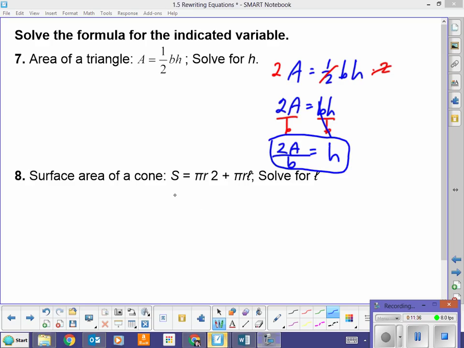Surface area of a cone. The surface area of a cone equals pi r squared plus pi r l. Let me make sure I did that one right. Yeah, pi r squared plus pi r l. I'm solving for L. So in this case, I have to subtract pi r squared from both sides.